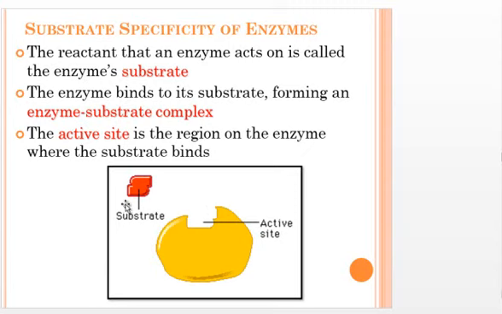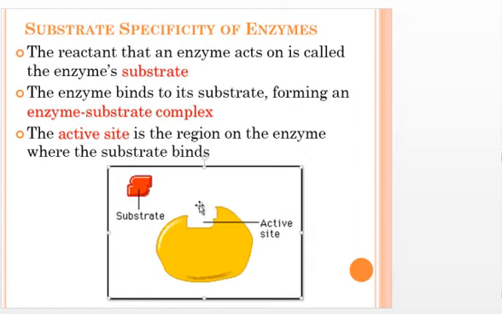Now, the thing that the enzyme works on is called the substrate. The area on the enzyme, and this yellow thing is the enzyme, so I would definitely label that as the enzyme. The place where the enzyme binds is called the active site. So that's the region where the substrate binds.